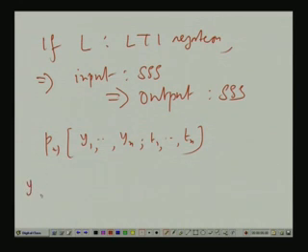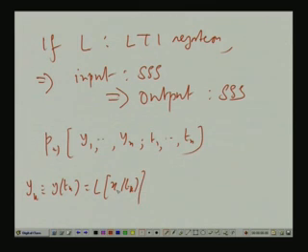You remember, yk is equivalent to y of tk, that is equal to L of x tk. Suppose you have some value of this joint density. Now, instead of t1 to tn, suppose I give a shift plus C. That means at that time what will be yk? It will be L of x tk plus C.